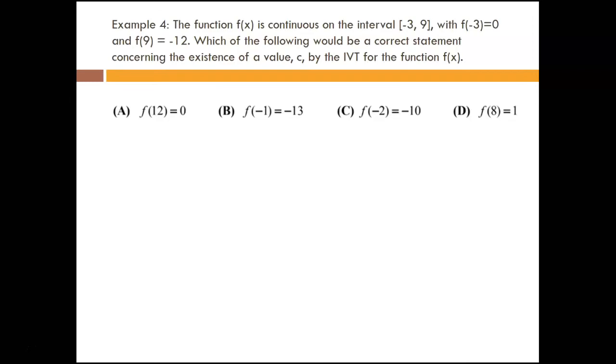We're told that when x is -3, f is at 0. Oftentimes when I'm given problems like this, I roughly sketch a graph. And that f of 9 is -12.